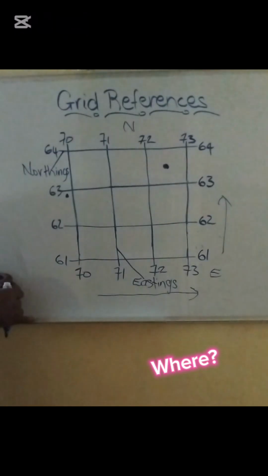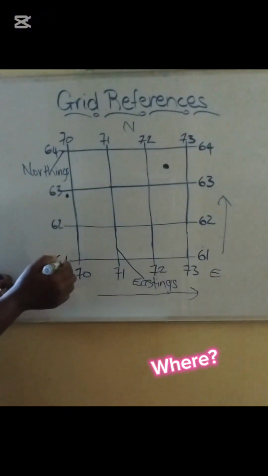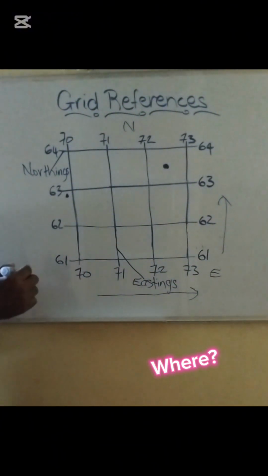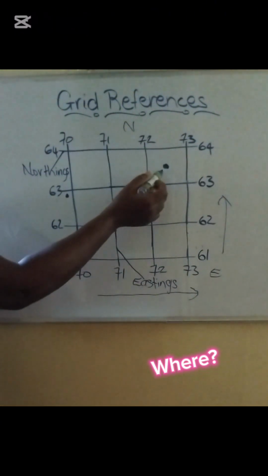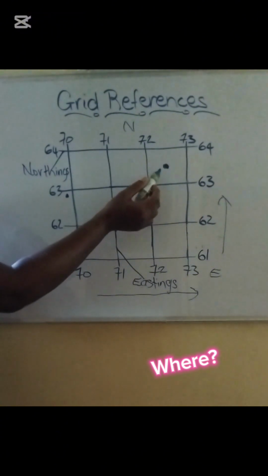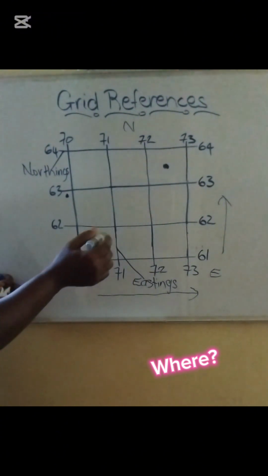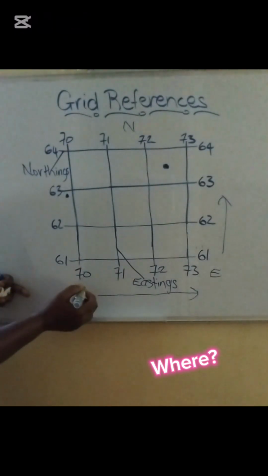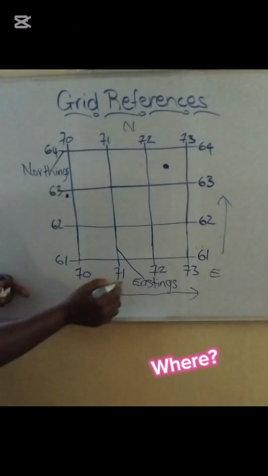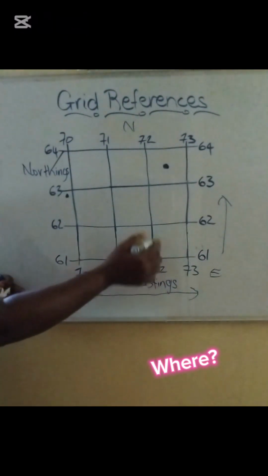Okay, let's look at determining the 6-figure grid reference now. It's still easy, but some persons may have difficulty doing that. So in doing the 6-figure grid reference, what we do is segment each grid, okay? So if we're looking at the 6-figure grid reference for the farm, then we're looking at identifying the first two numbers, eastings first.